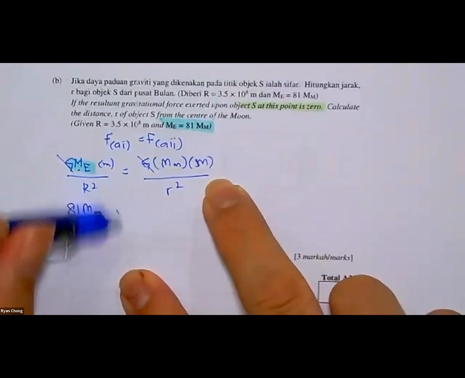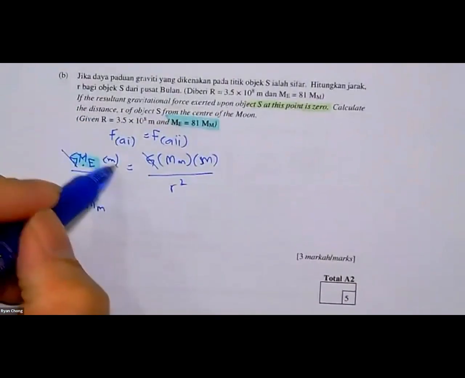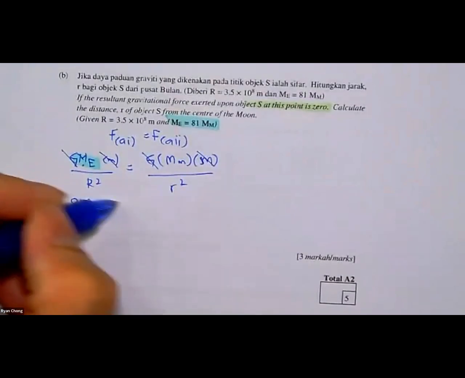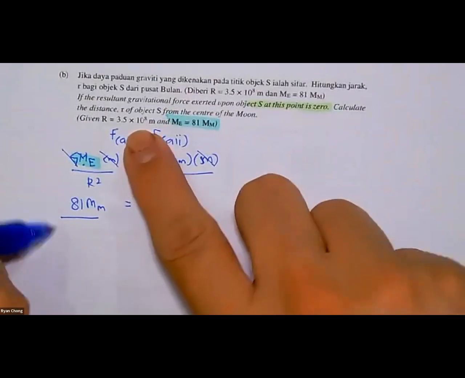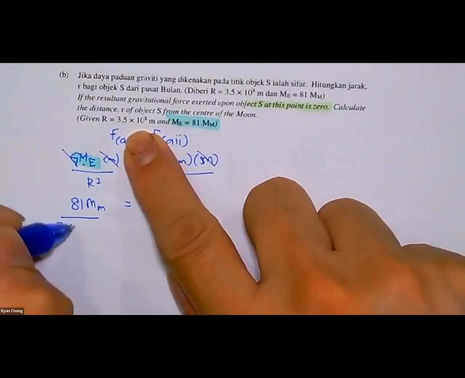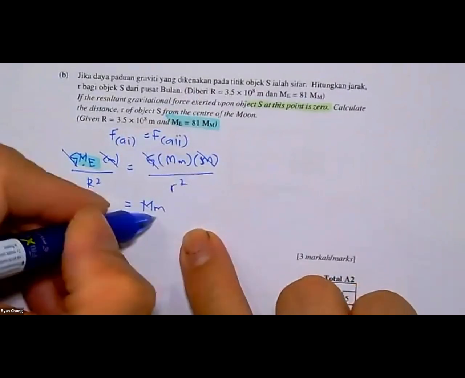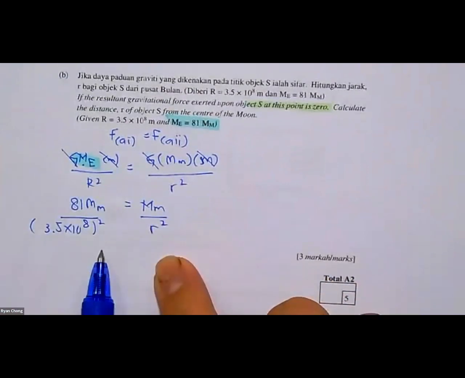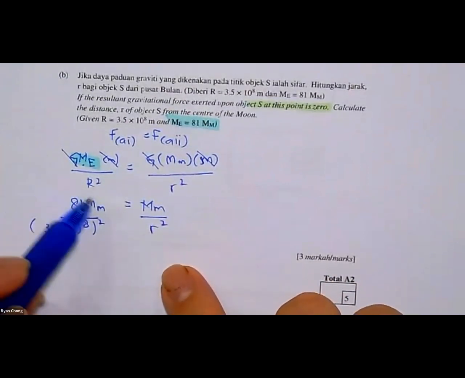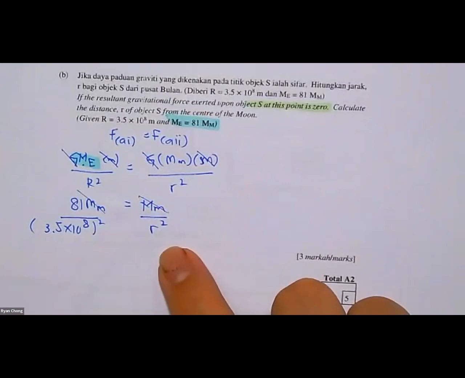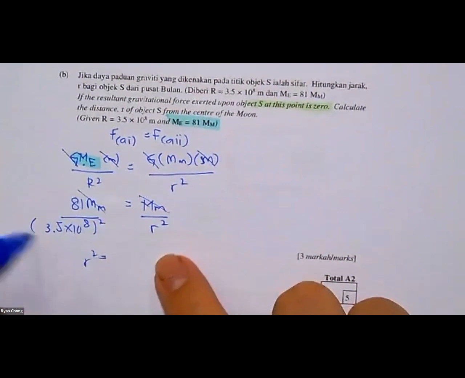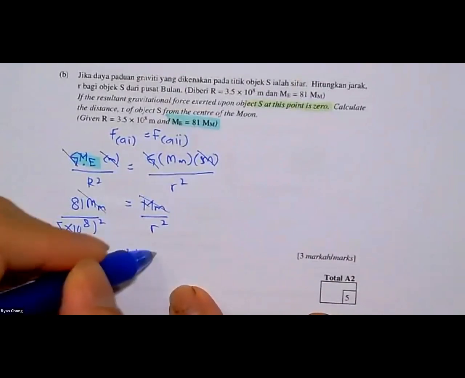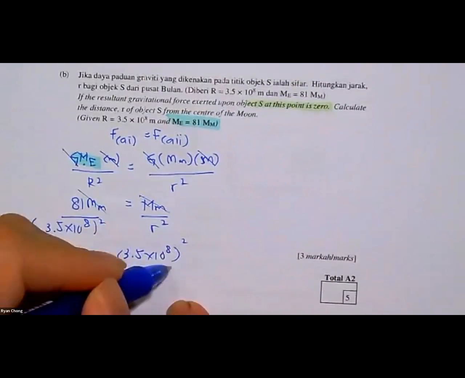And then, sorry, one more thing, don't forget, the mass of the object S, you also can simplify. Okay, the R, 3.5 times 10 power of 8 squared, and then the small r. So from here, another thing you can simplify, the mass of the moon. So at the end, actually you get r squared equal to 3.5 times 10 power of 8 to the power 2 divided by 81.